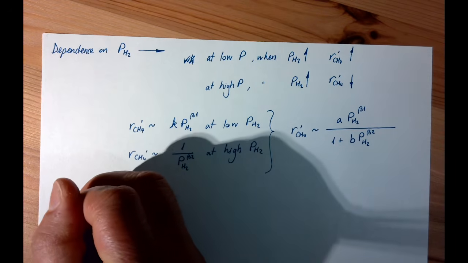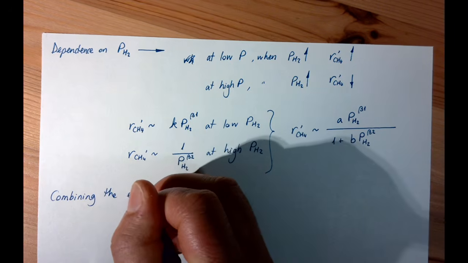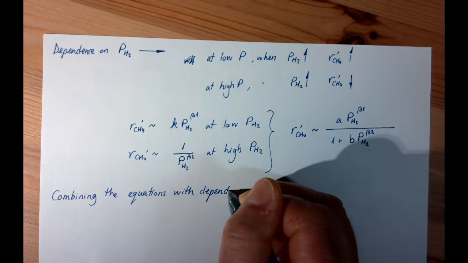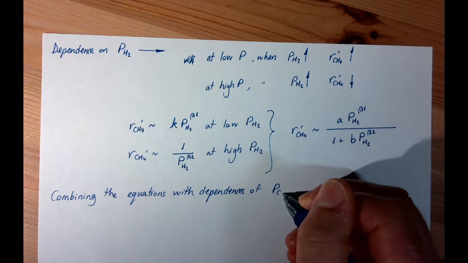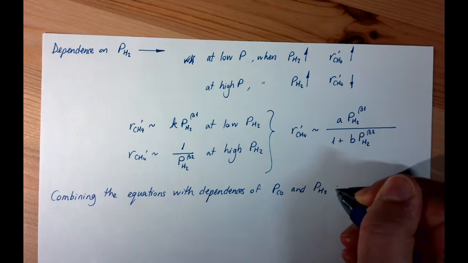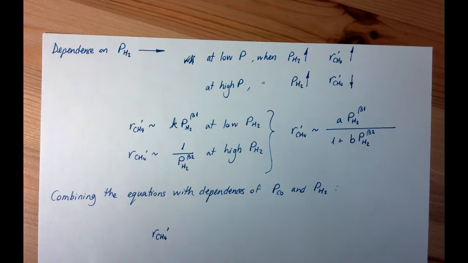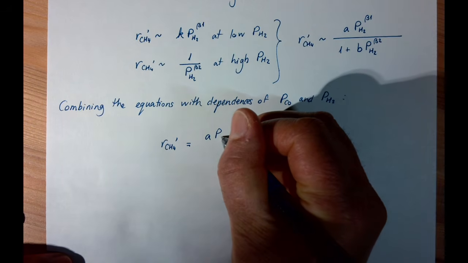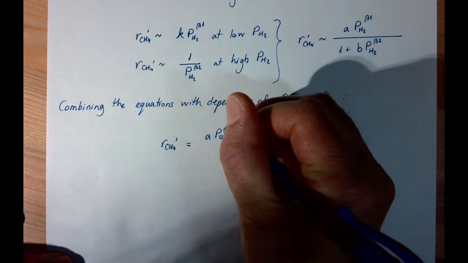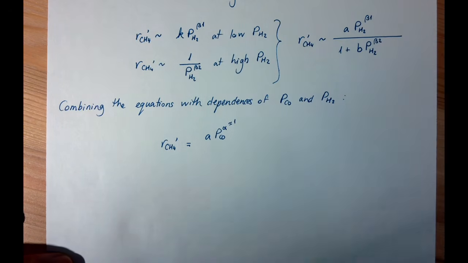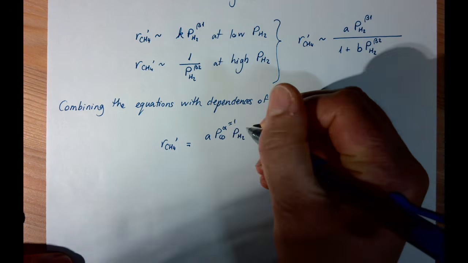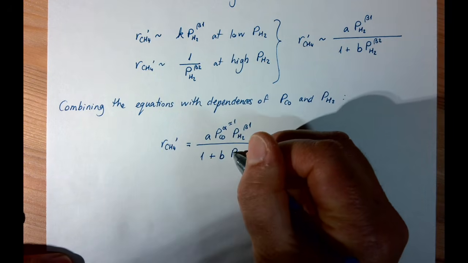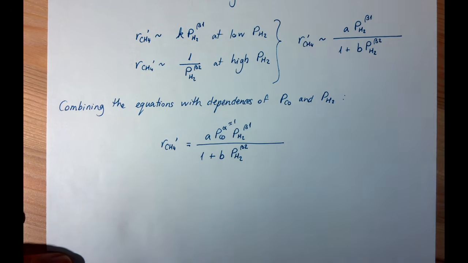So now we're going to combine these equations, combining the equations with dependencies on the partial pressure of CO and the partial pressure of hydrogen, we can represent the rate as A times the partial pressure of CO to the power of alpha, which we obtained earlier was close to 1, times the partial pressure of hydrogen to the power of beta 1, divided by 1 plus B times the partial pressure of hydrogen to the power of beta 2.